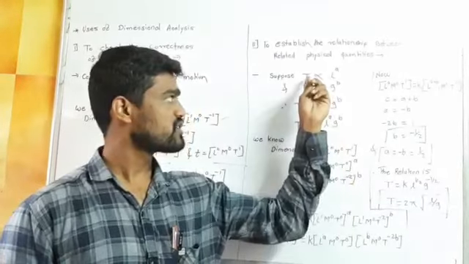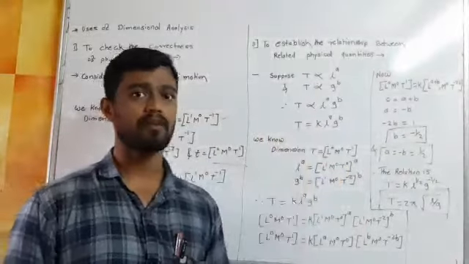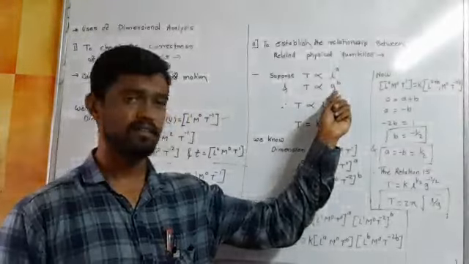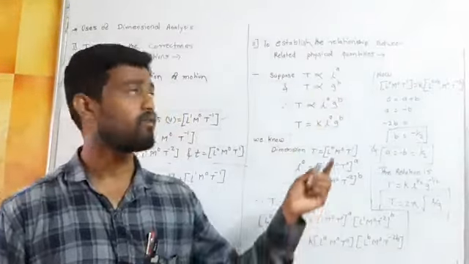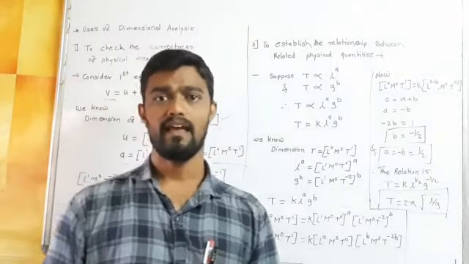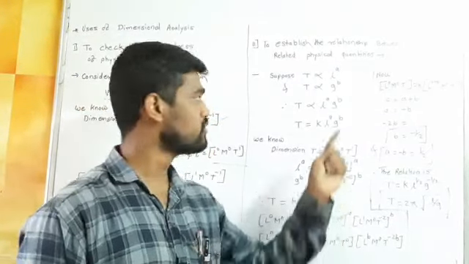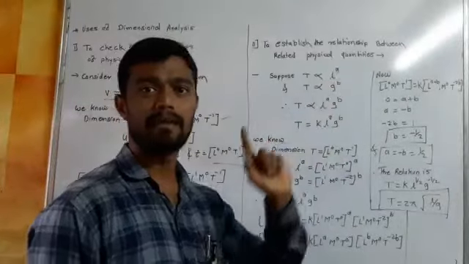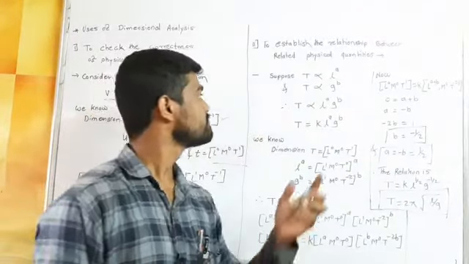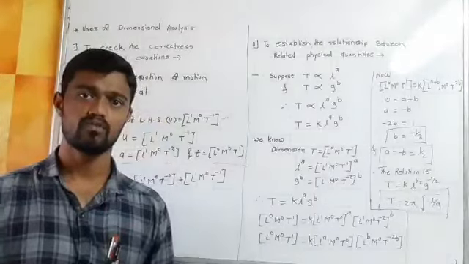So tension is directly proportional to the length, and tension is directly proportional to the acceleration due to gravity, defined as G. So we need to find the power of L and the power of G. We don't know the power of L and power of G, so I use specific small letters A and B. Therefore T is directly proportional to L raised to A and G raised to B.